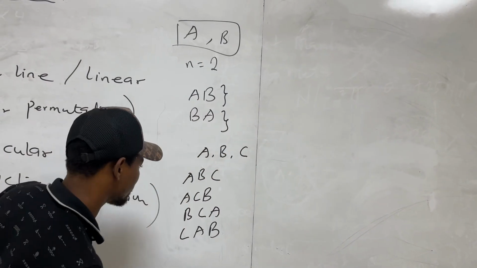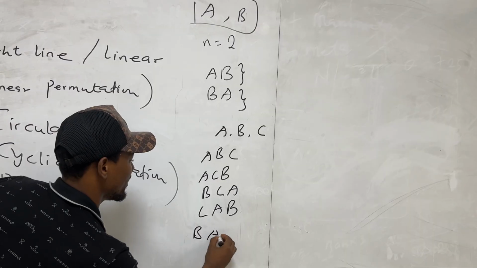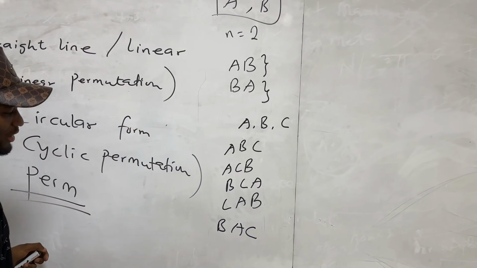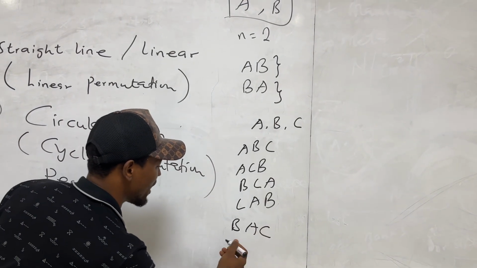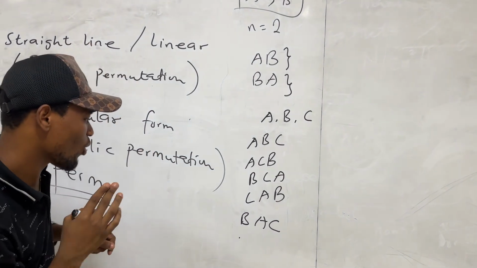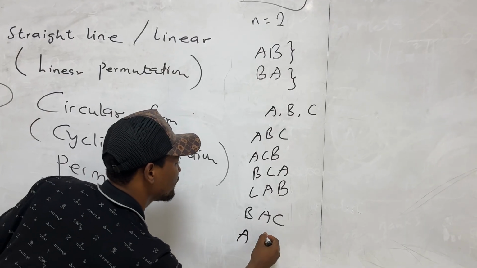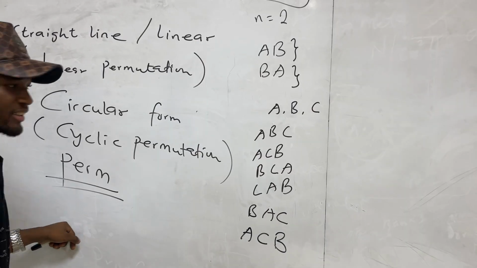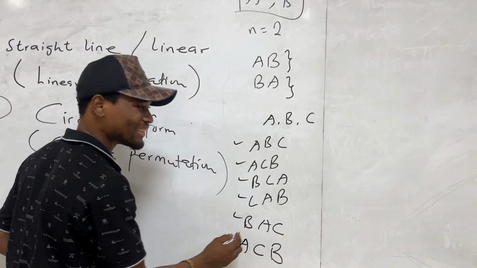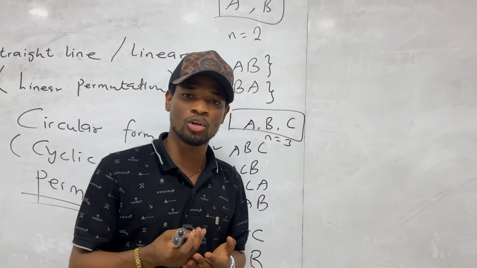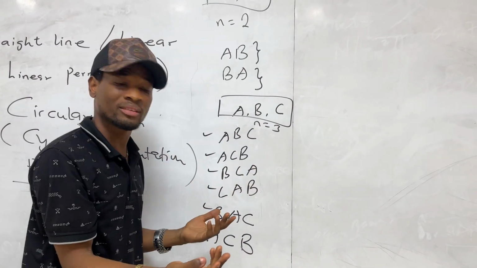Then here we have B, A, C, that is the fifth. So what else do we have here? I have A, then C, then B, and that is the sixth. So the number of ways you can arrange these three items equals 6.